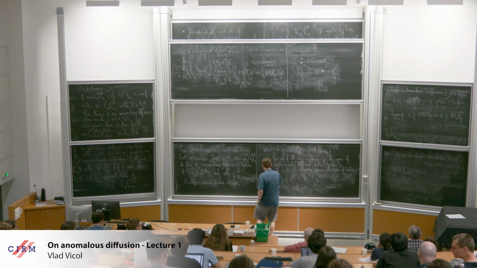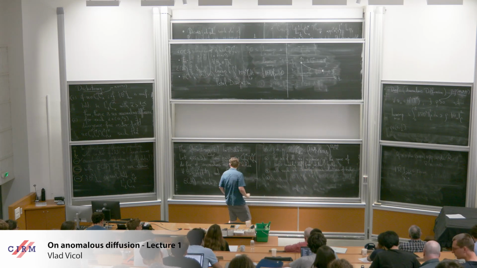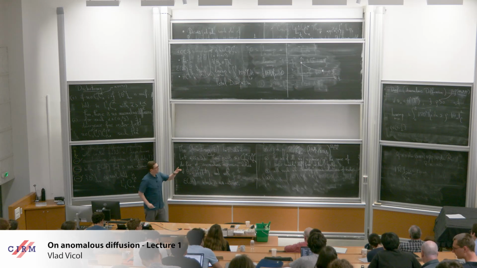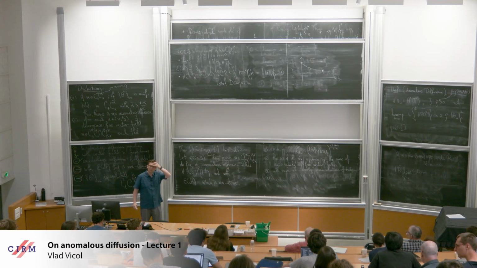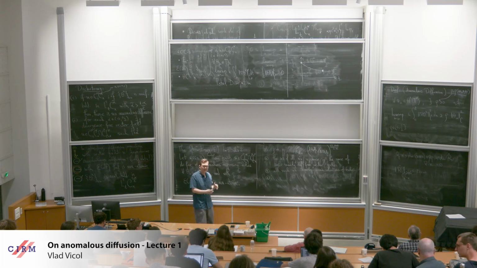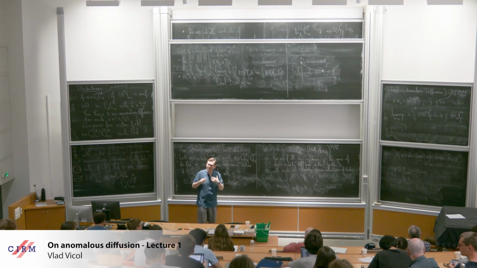Next bullet. You see the definition of anomalous dissipation has this limsup. That could mean many things, but of course what we do is we actually give explicit sequences, right?